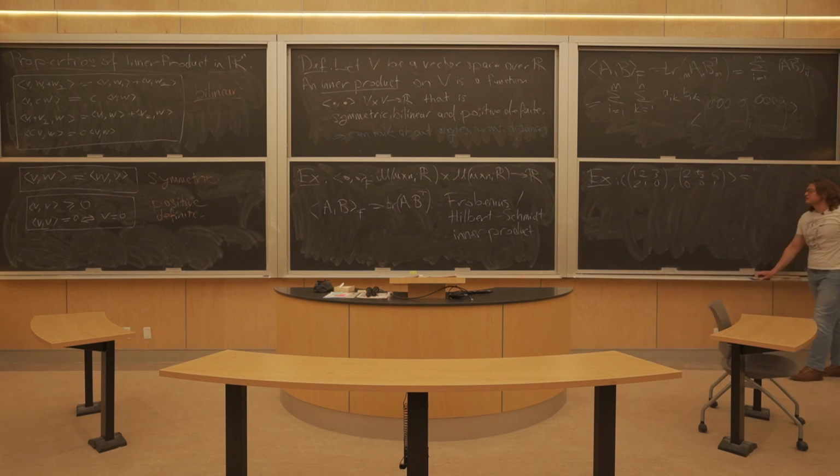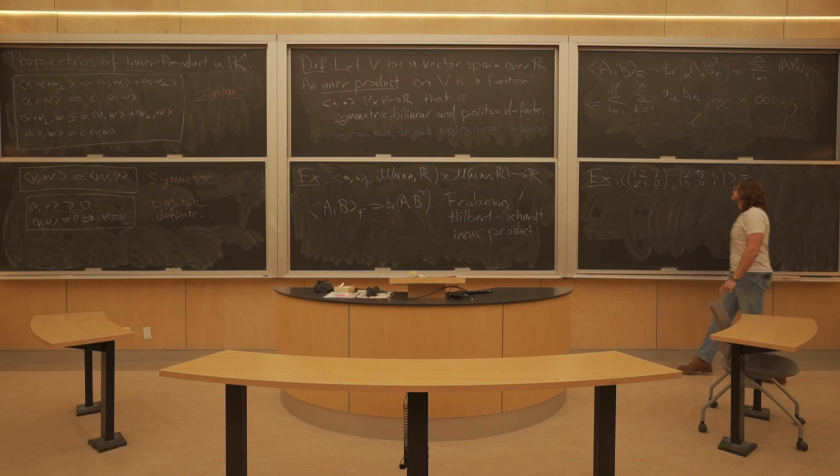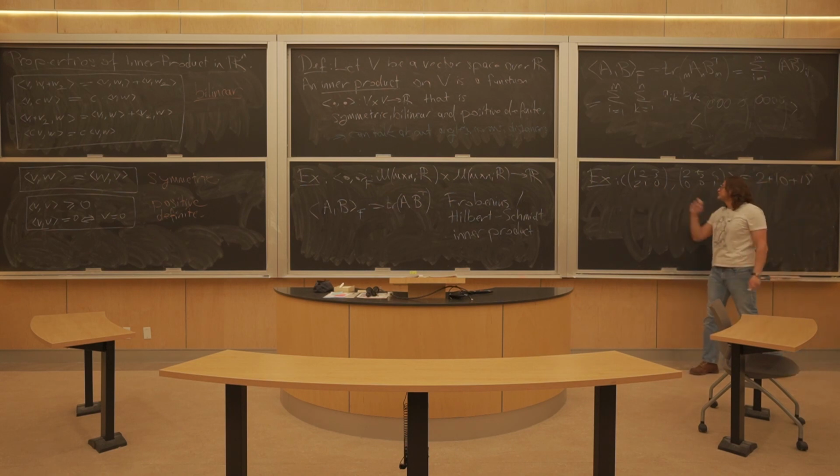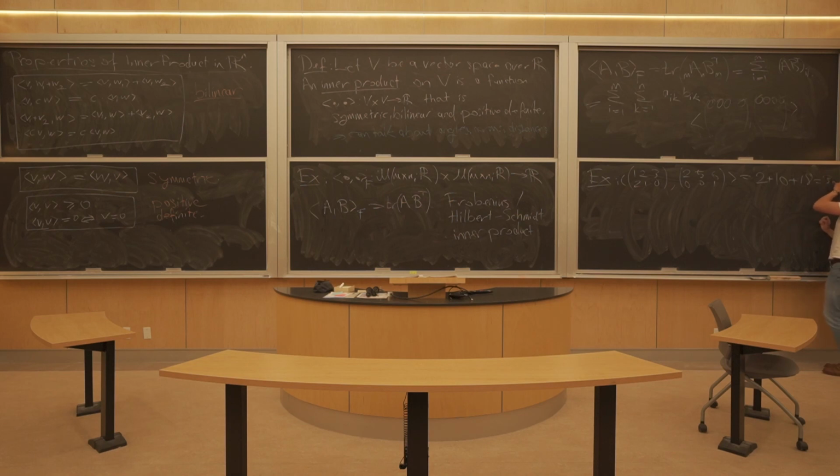This is just going to be 2 plus 10 plus 18, and then 0 plus 0 plus 0. So that gives me 20, 30. Okay, this is how you do it.